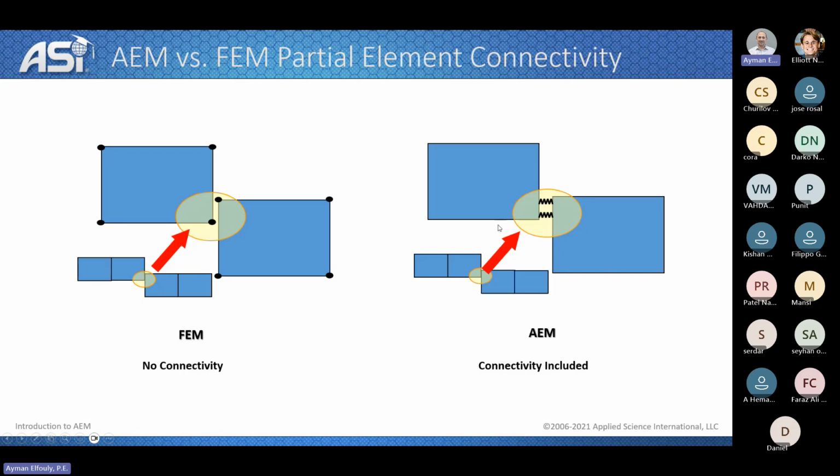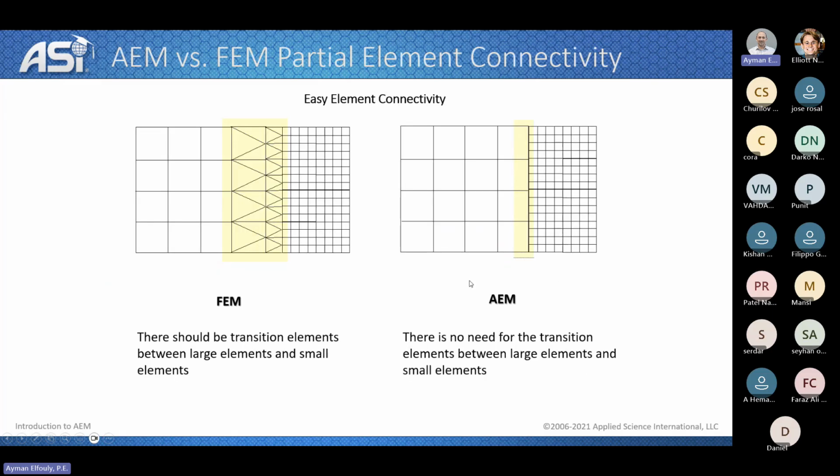In the applied element method, this is not a problem. Any two elements that overlap with each other are going to have springs and connectivity between them. And this makes the applied element method meshing much more efficient than the finite element method.